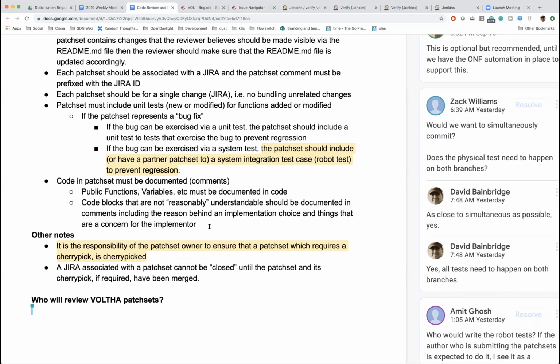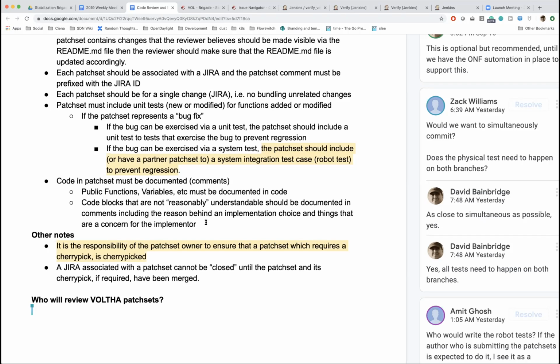Add detail. As you go through the reviews, please make sure that any code blocks that aren't reasonably understood, and I understand that is a subjective term, are documented. We're asking developers of patch sets or code to document those areas of the code that are not easy to understand, and we're asking reviewers to verify that that's been done.